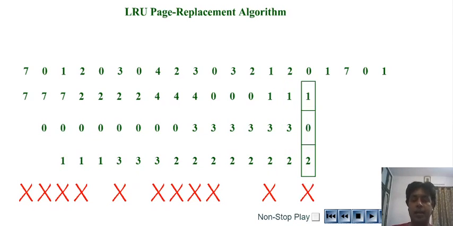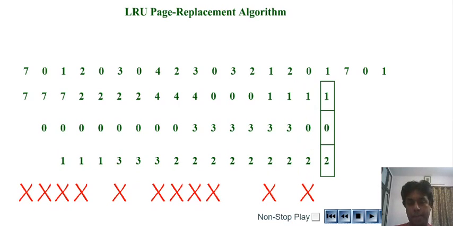Okay, so I've done that. After this, there is a requirement of 1, but 1 is already there in one of the frames in my memory. So this is again an indication of a page hit. After this, I have a requirement of 7.